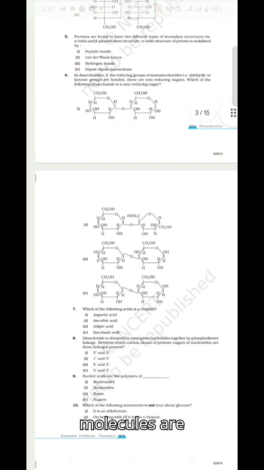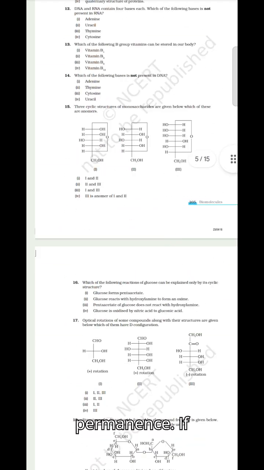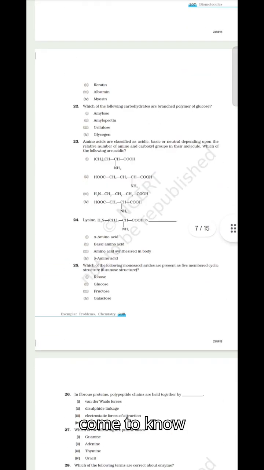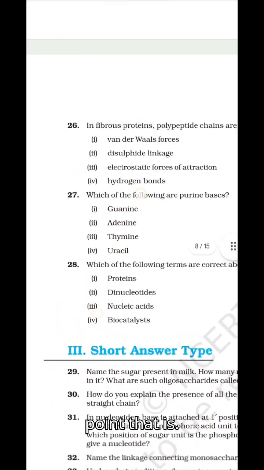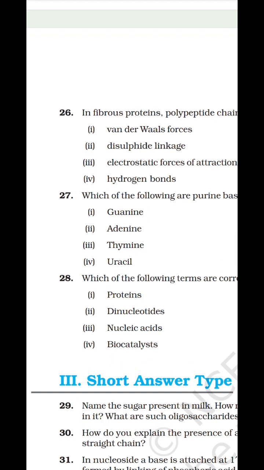Here the adenine and guanine molecules are called purines, whereas cytosine and thymine molecules are called pyrimidines. If you observe the question again, we will come to know another important point: they gave the fourth one as uracil. Uracil is also a pyrimidine. Cytosine is also a pyrimidine. In DNA, thymine and cytosine pyrimidines are present, but in RNA, that is ribonucleic acid, instead of thymine, uracil is present.